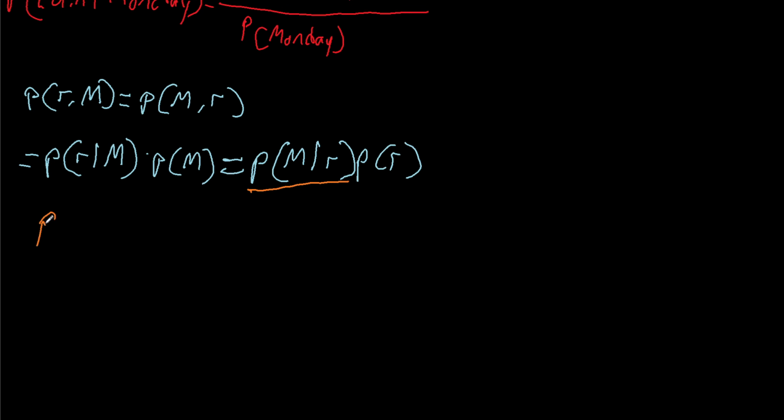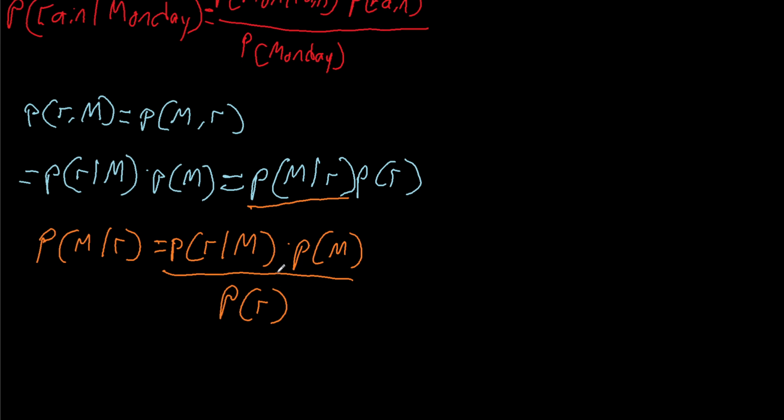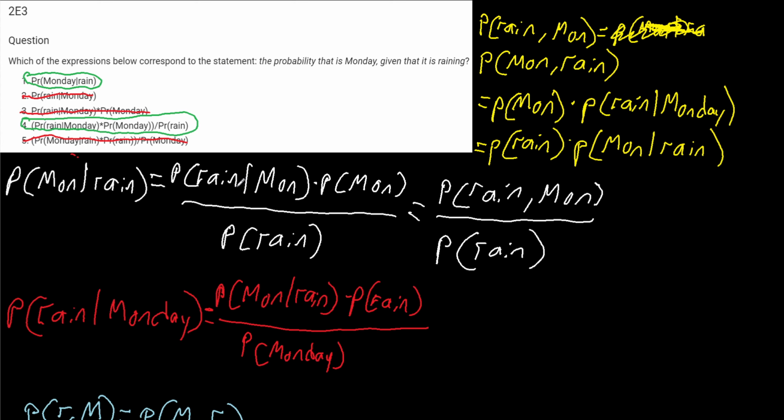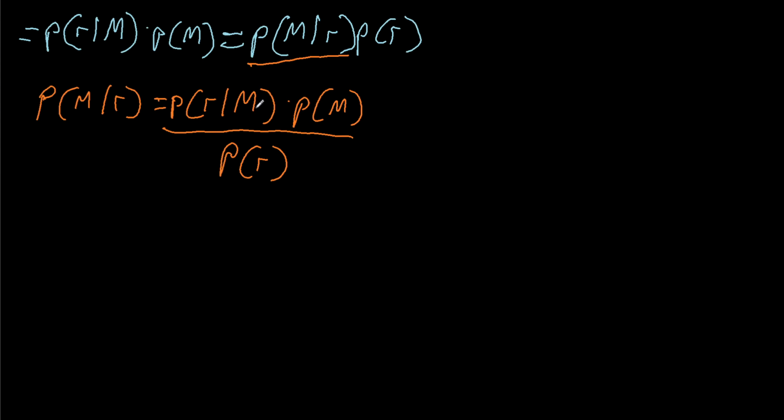So the probability of Monday, given that it is raining, equals everything over here on the right-hand side: the probability of rain given Monday times the probability of Monday, divided by the probability of rain. And if you'll notice, this is what we had up here, right? The probability of rain given Monday times the probability of Monday divided by the probability of rain.